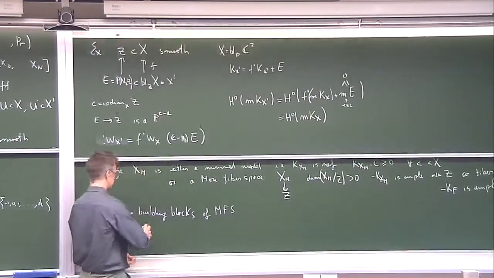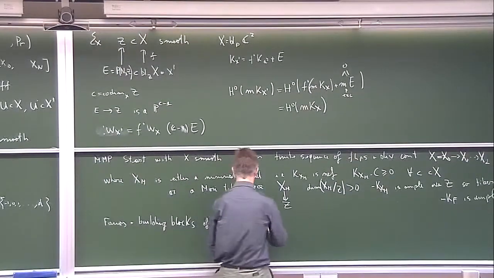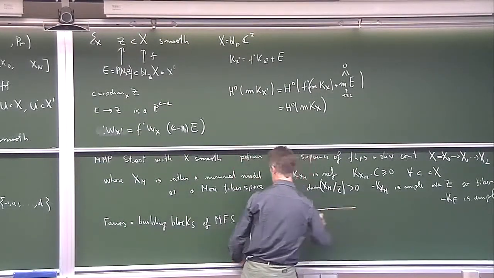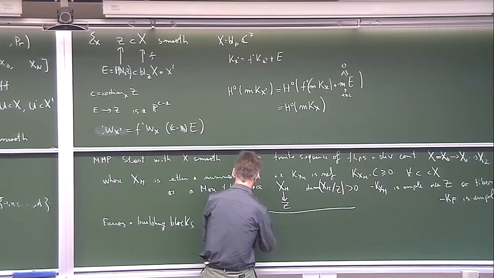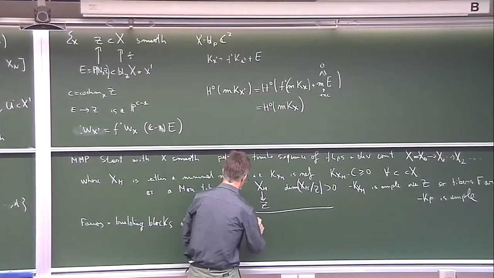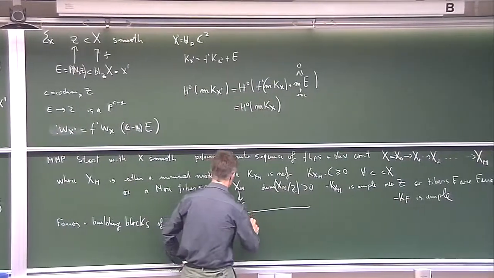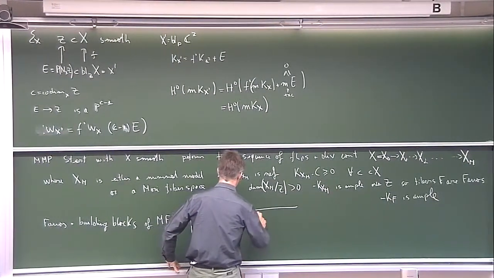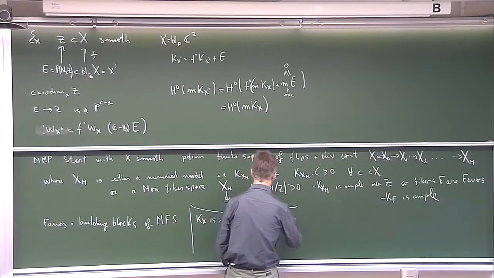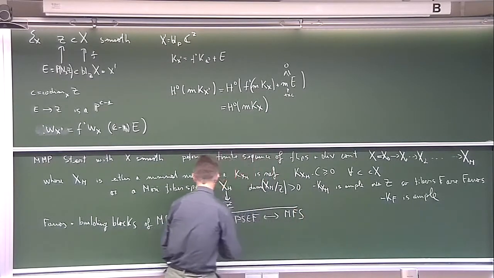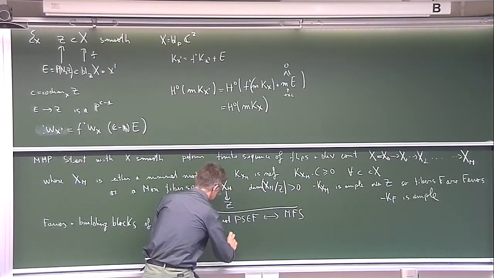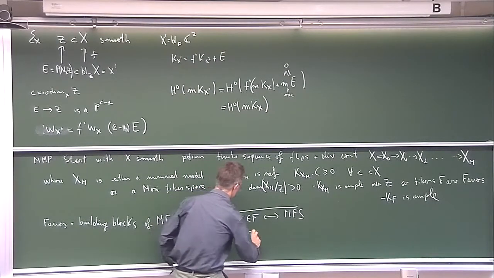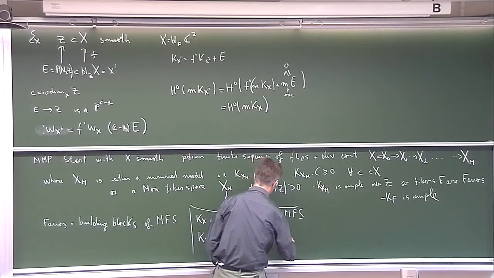Maybe I'll explain it as follows. If K_X is not pseudo-effective, that corresponds to the case of a Mori fiber space, and K_X pseudo-effective corresponds to the minimal model case.